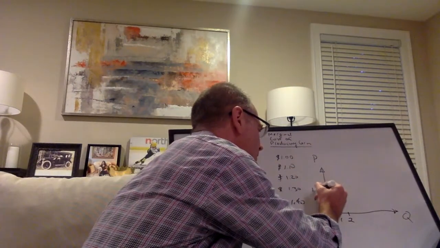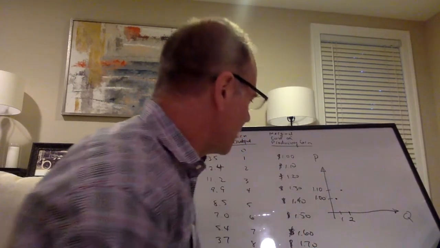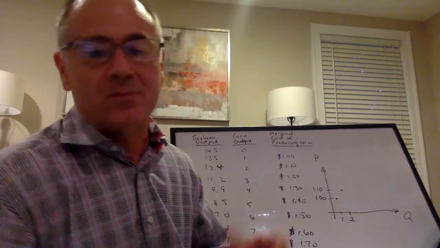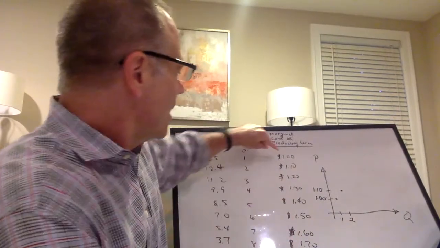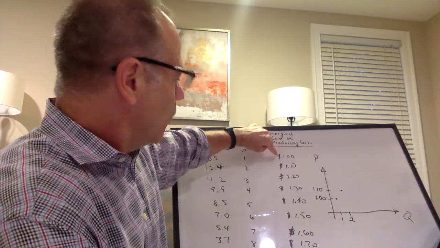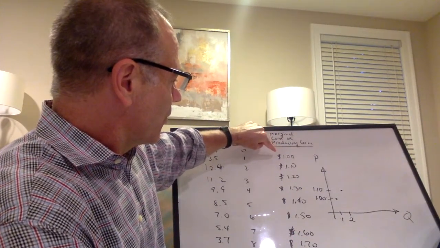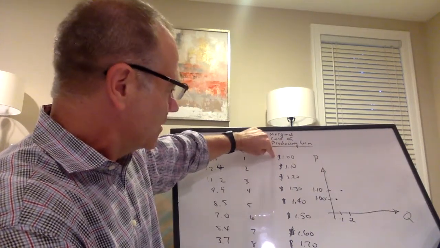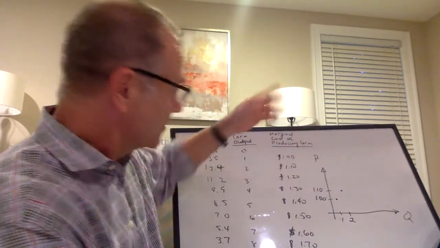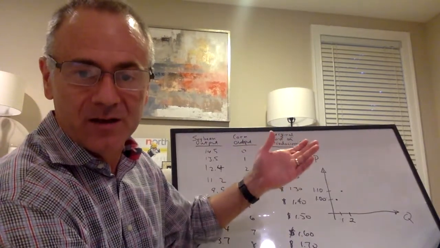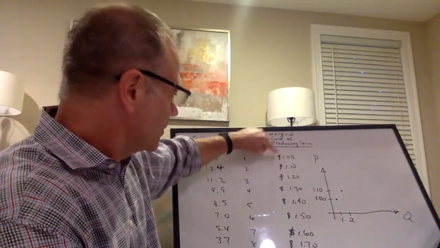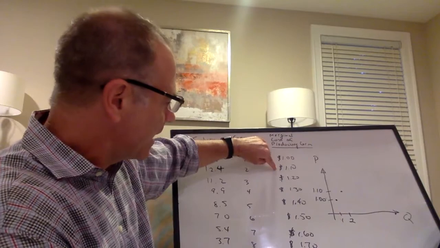What about $1.10? What if the price were $1.10? The farmer would say, for the first bushel of corn, my cost is $1. I'm getting a price of $1.10, so it's worth it. I'll get a 10-cent profit for that. So I will produce the first bushel of corn. Will I produce a second?